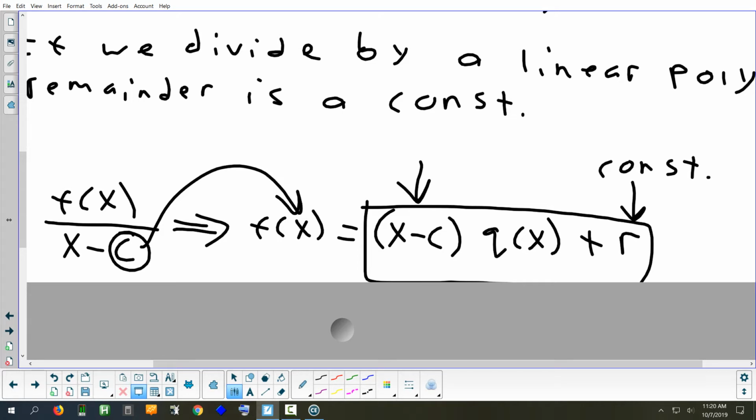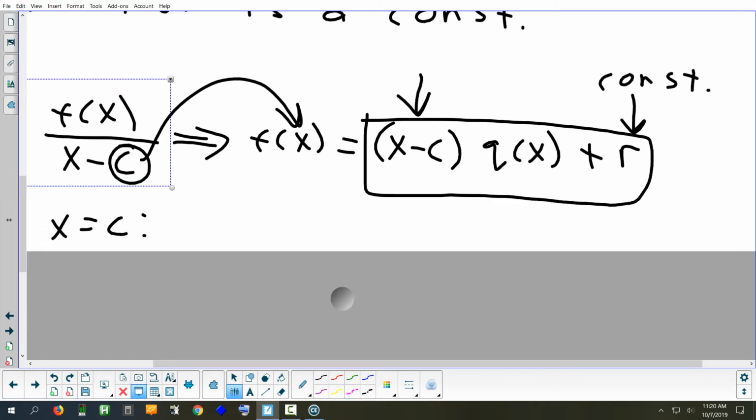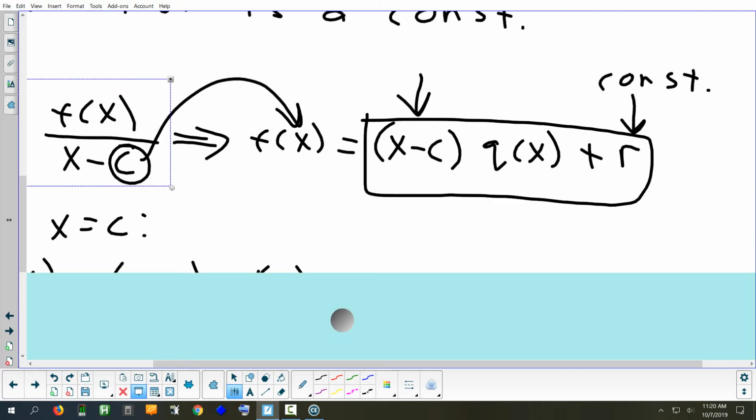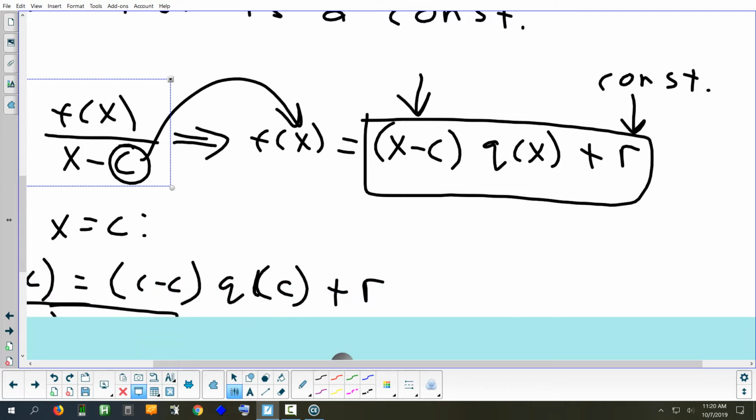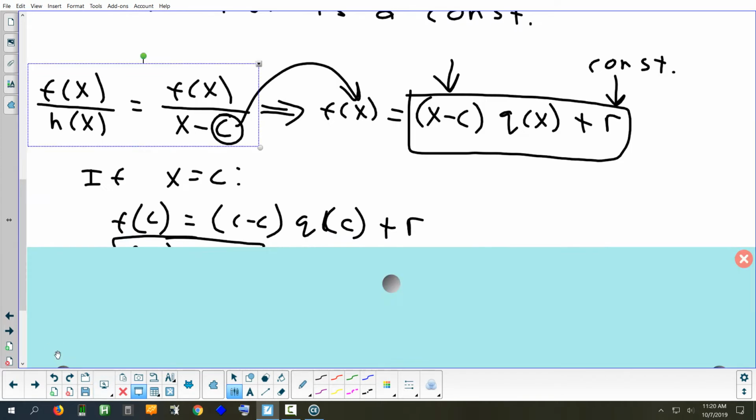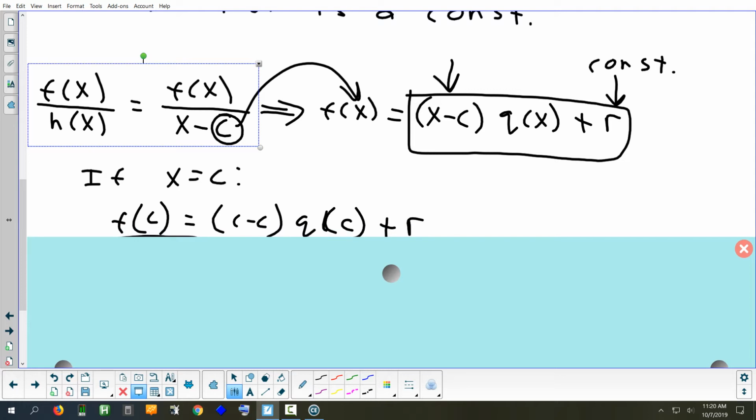So you take the number after the minus sign and plug it into the top formula. This is what you get. So I'm saying let x equal c. Plug in c for x. You're going to get this, f of c, because you're plugging in c for x.